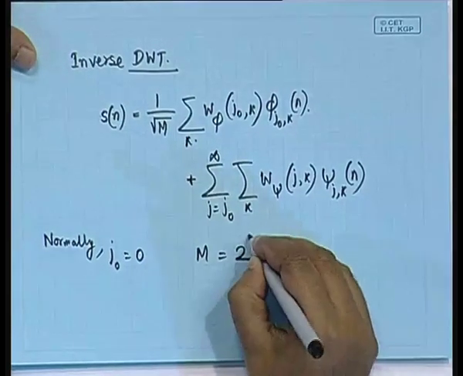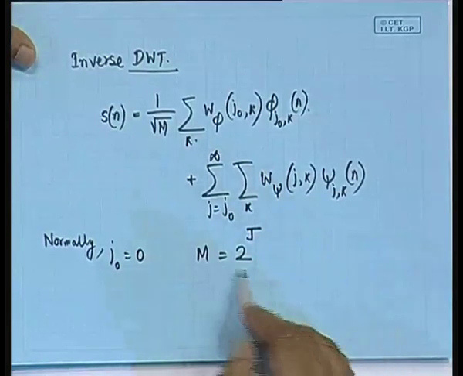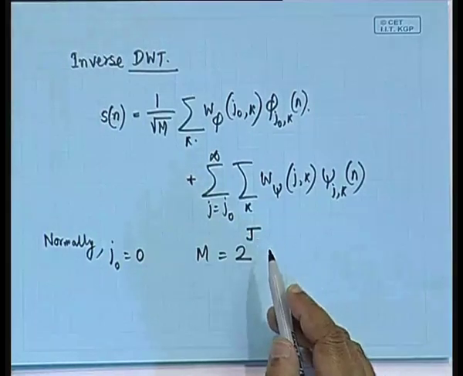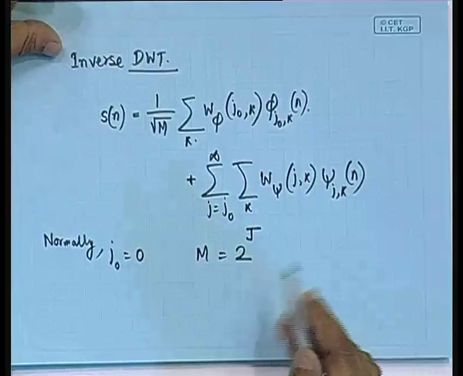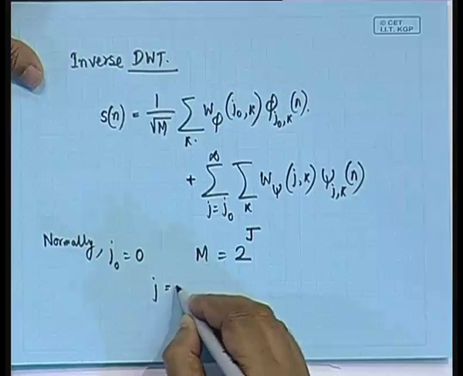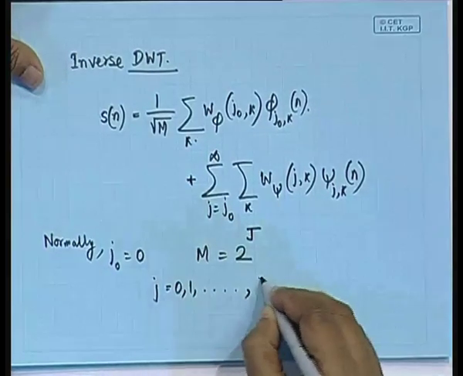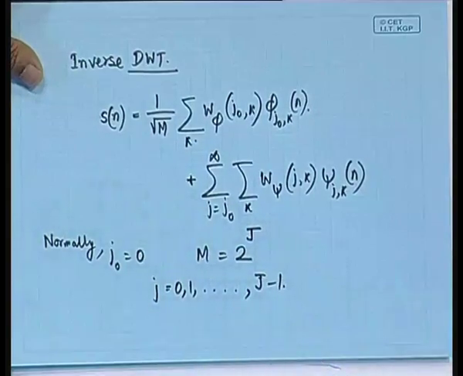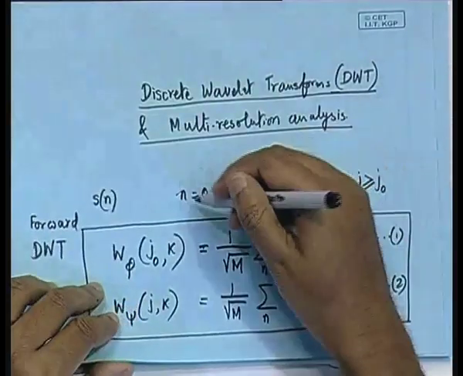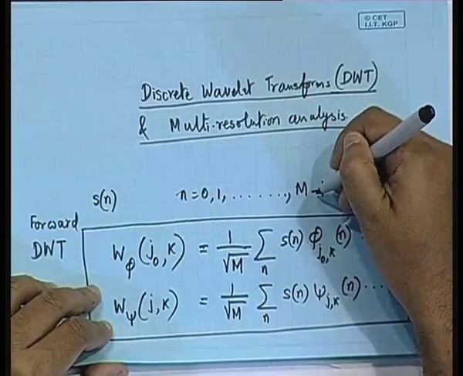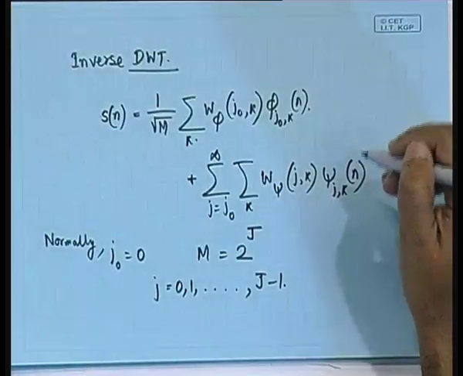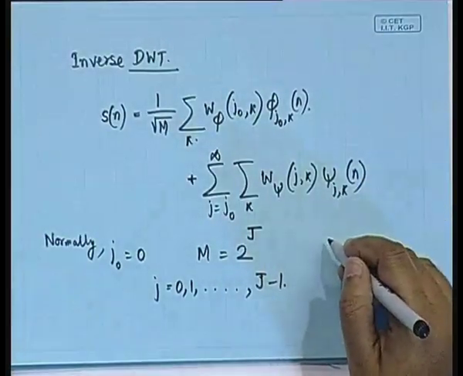So, say if I have M expressed as 2 to the power capital J, where capital J is an integer, in that case, the summations are performed over j equal to 0, 1 up to capital J minus 1, meaning that if I, let us say, start with 64 samples, so say n is equal to 0, 1 up to 63. That means M is equal to 64. So, when M is equal to 64, 64 is nothing but 2 to the power 6.